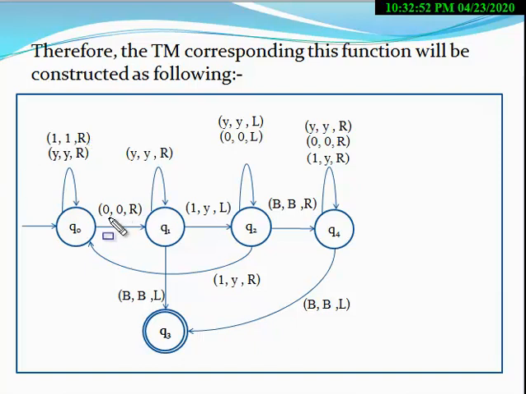As soon as 0 appears in the tape, we will change the state of the machine. The machine changes from state Q0 to Q1 when the 0 tape symbol appears, and 0 is not replaced by any other letter, and the machine also moves in the right direction.